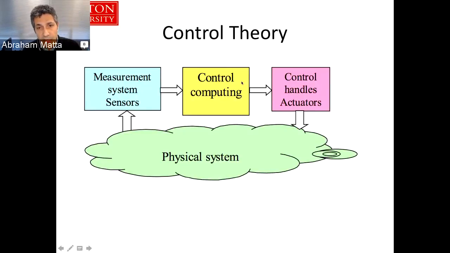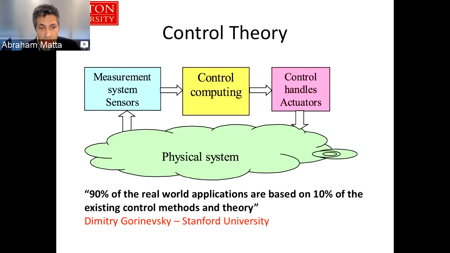And then based on that, I have the computing. I'm going to compute some control law that will determine what, in this case, the input flow rate should be. And then actually I'll do it.